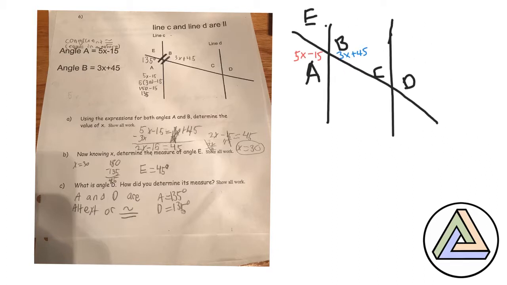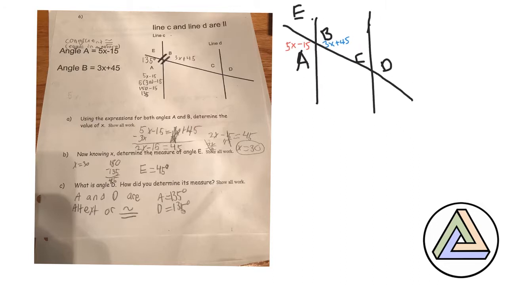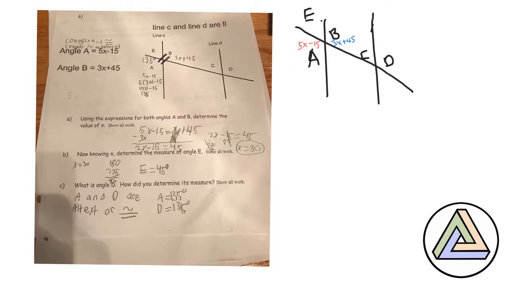Let's see. Using the expressions for both angles A and B, determine the value of x exactly. So we're going to take advantage of the fact that we know that A and B are vertical angles and write an equation that follows suit from there. And that would be 5x minus 15 equals 3x plus 45.